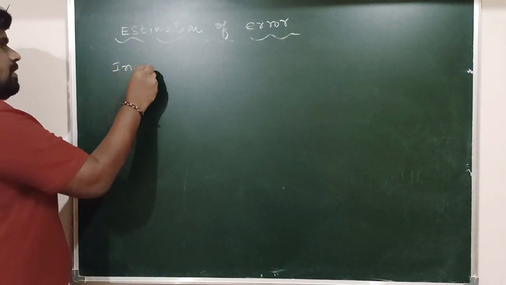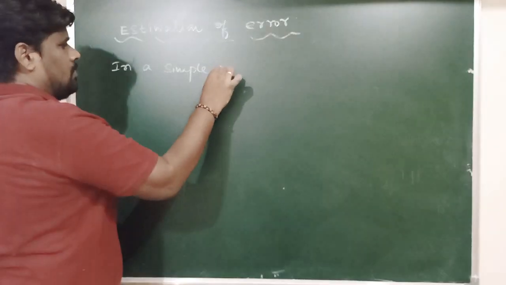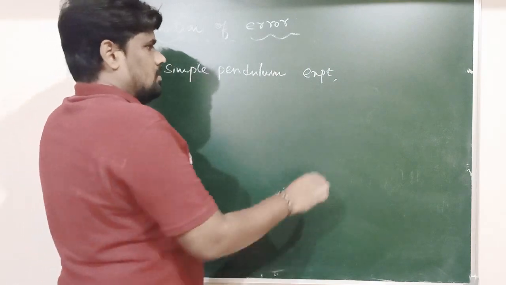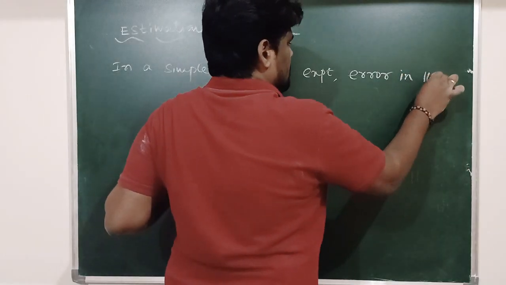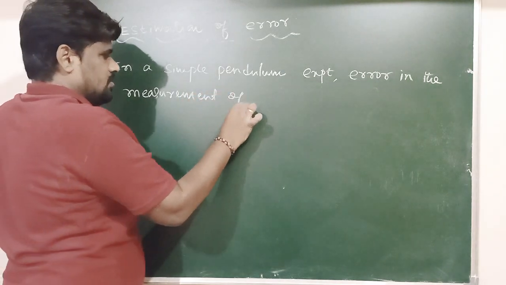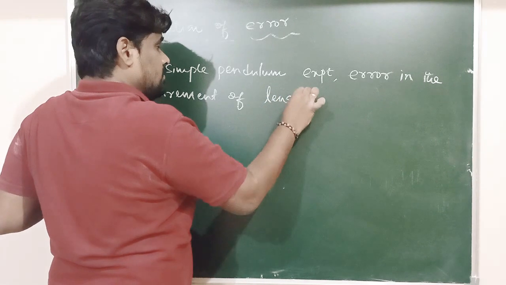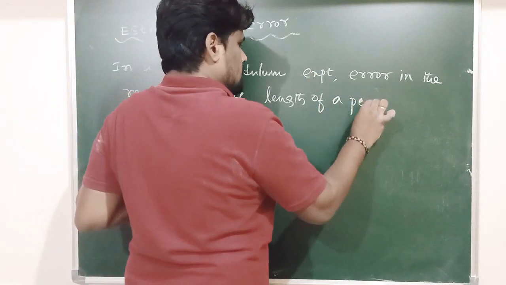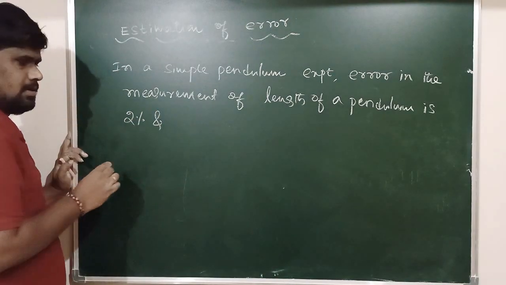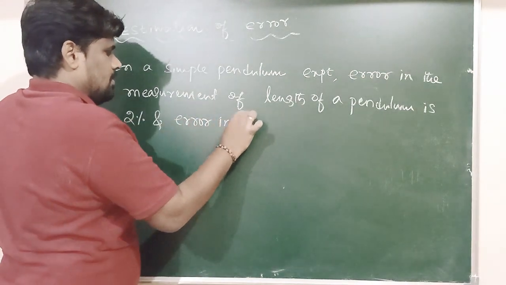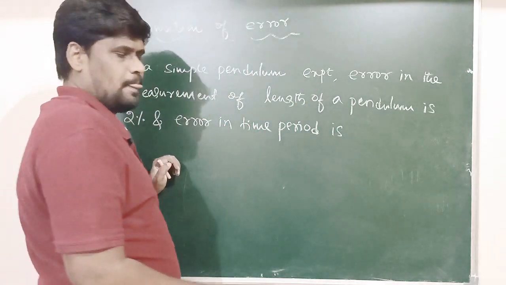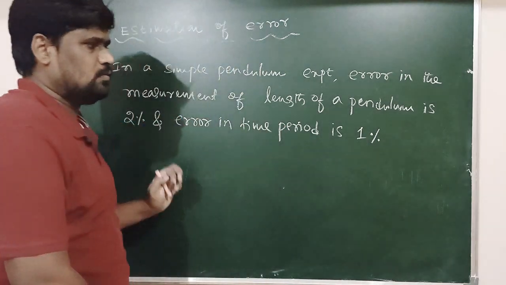In a simple pendulum experiment, the error in the measurement of the length of a pendulum is 2%, and the error in the time period is 1%.